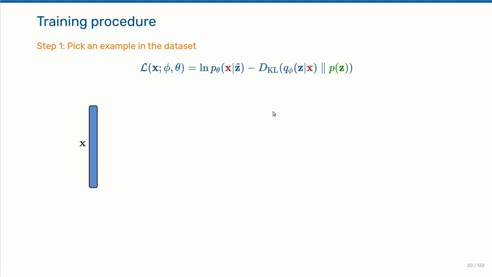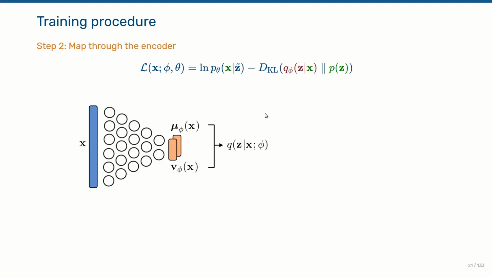So the first step, of course, is to pick an example in the dataset, an image, a vector, a sound. Then we forward this through the encoder. So this allows us to compute the parameters of Q phi of Z. This is why Q phi is in red. These parameters are mu phi and V phi, the mean and the covariance matrix.